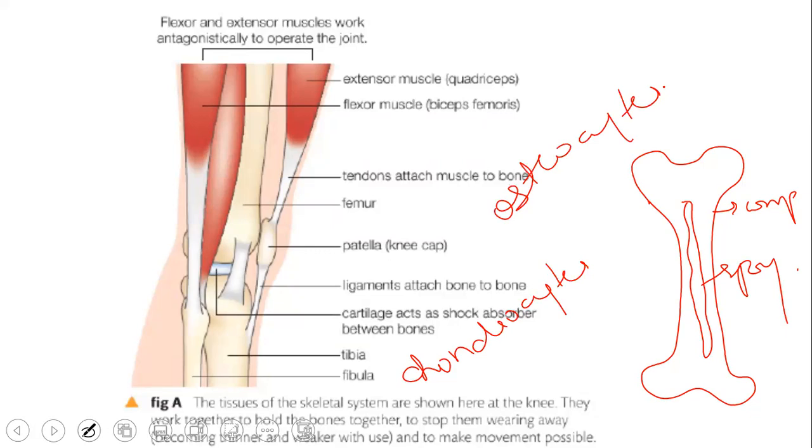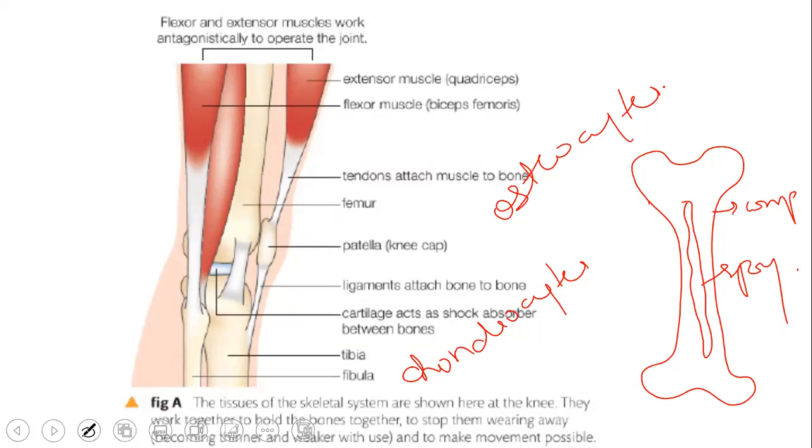They are surrounded by a matrix which consists of different amounts of collagen fibrils. Cartilage is elastic. It can stretch and return to its original size, and it is able to withstand compressive forces. It is a good shock absorber, and you generally find it between the bones, right?